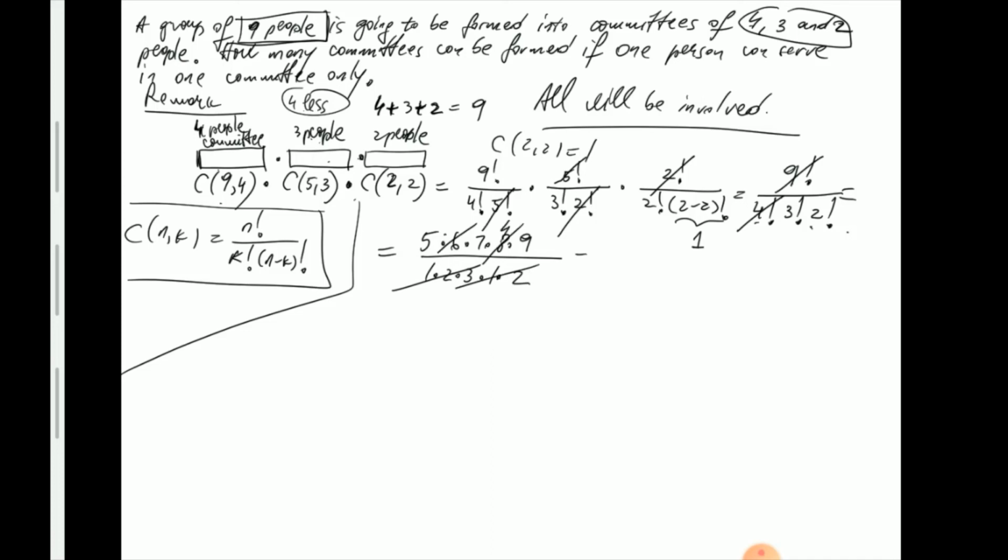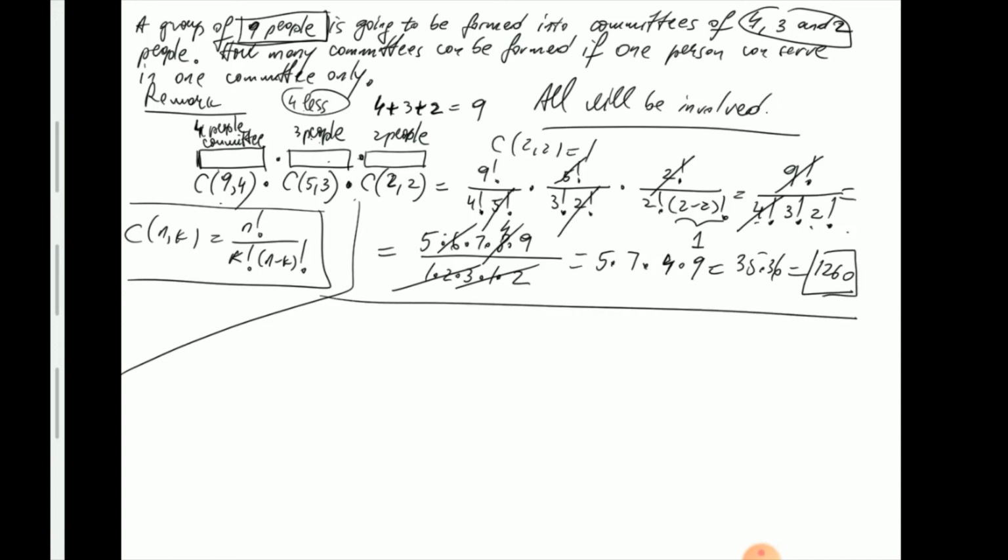That gives me 4 on the top. So you're left with 5 times 7 times 4 times 9. 35 times 36, which gives me 1260 possible committees.